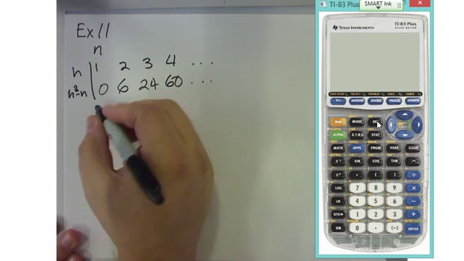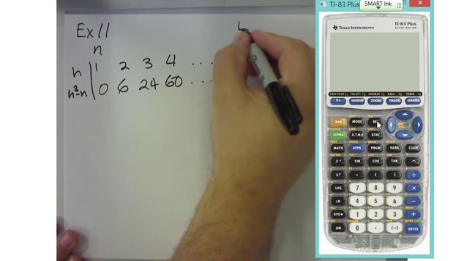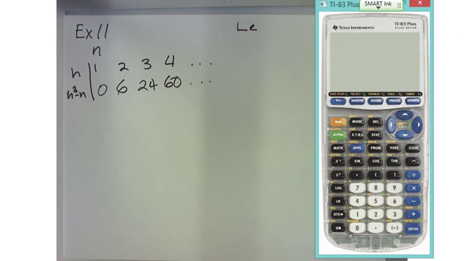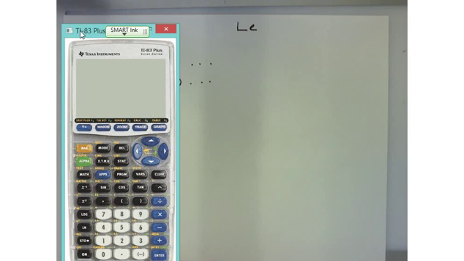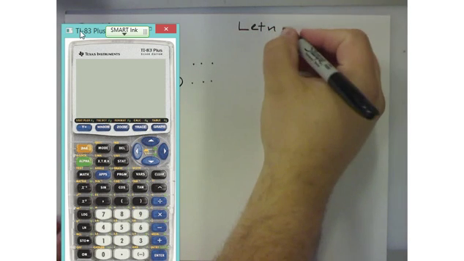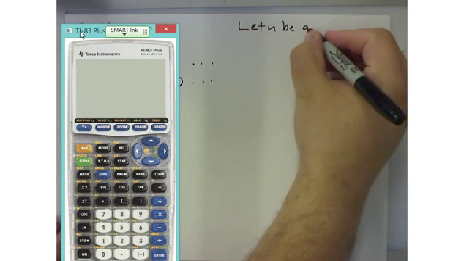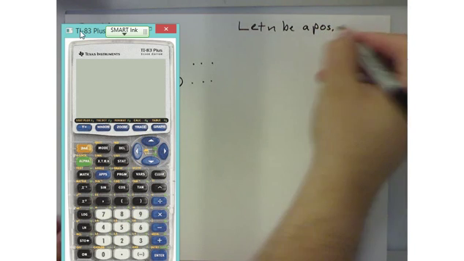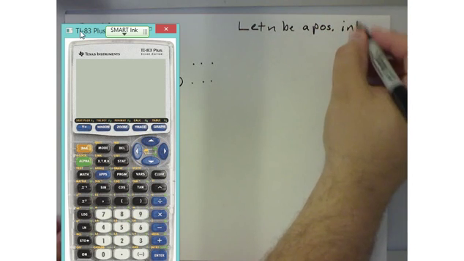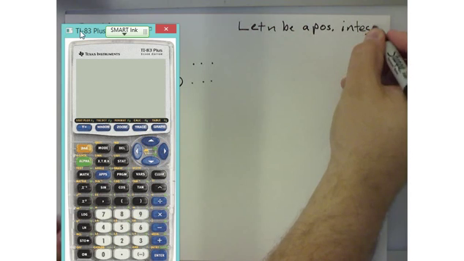So to write this proof, we're going to say, let me move my calculator out of the way here. Let n be a positive integer. In other words, we're saying 1, 2, 3, 4, all that stuff. Right?